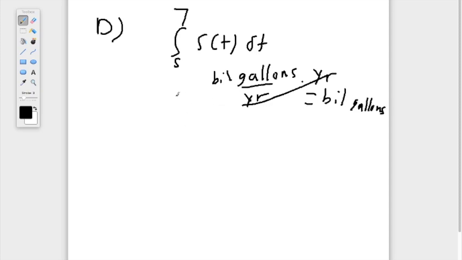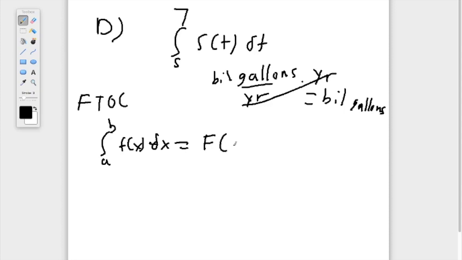But we remember from the fundamental theorem of calculus, FTOC, that the integral from a to b of f of x dx is the same thing as f of b minus f of a, or the total change in f from a to b.